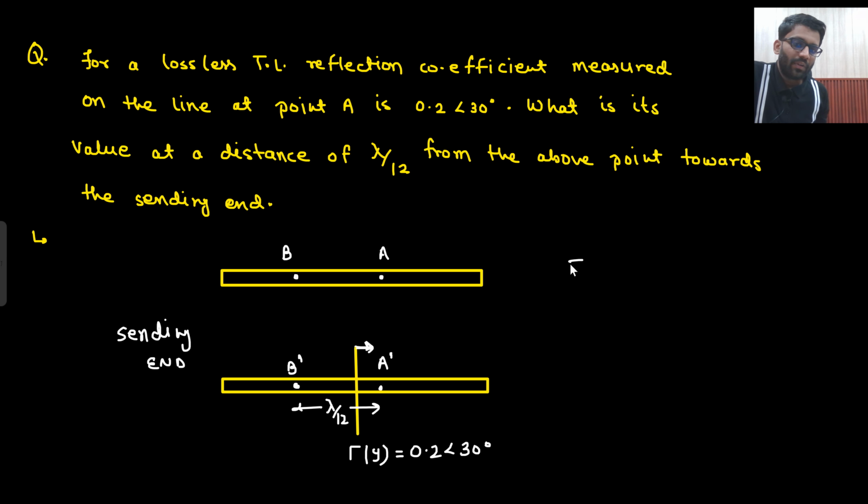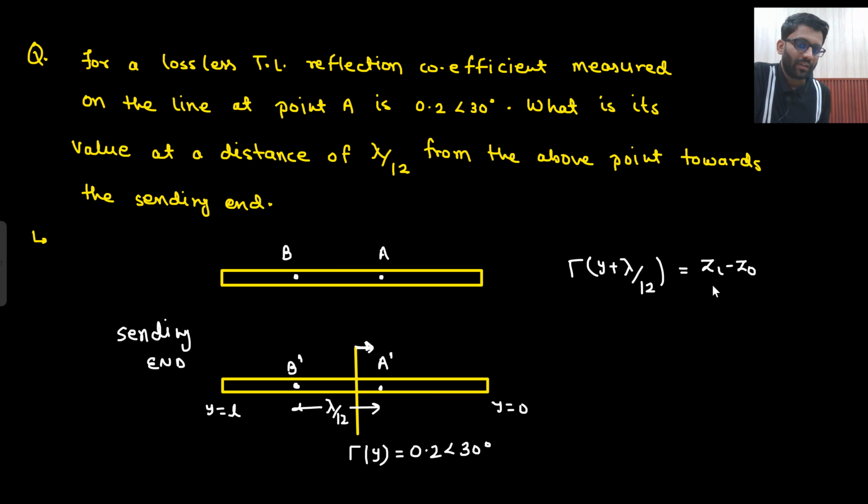You need to find the voltage reflection coefficient, or whichever reflection coefficient they are talking about, at y plus lambda by 12 distance. Why is that so? Because we take distance from the load end. If this point was at y distance, then this point is at y plus lambda by 12 distance. What will be the formula?